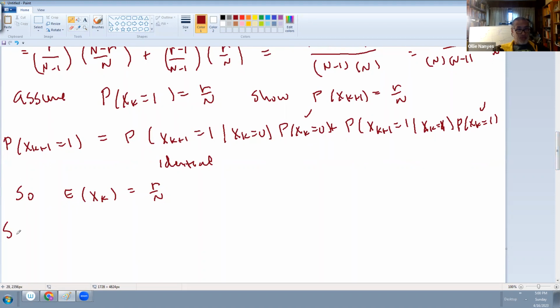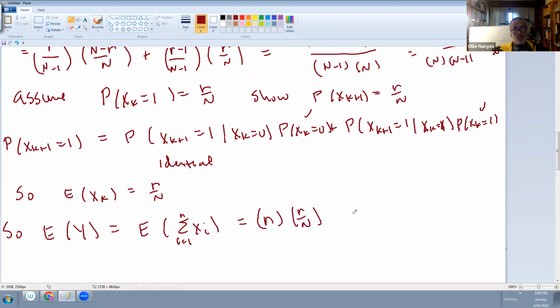So now we want the expectation of y, which is the expectation of the sum up to n of the xi, and we know the expectation is linear and there's n of them, which is the correct expectation for the distribution.